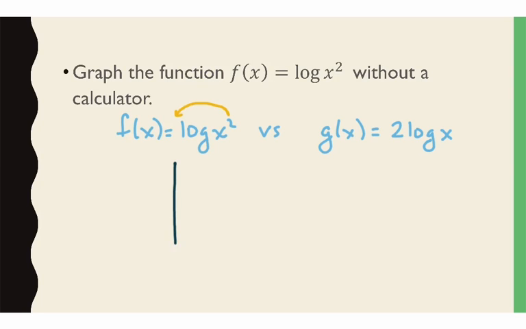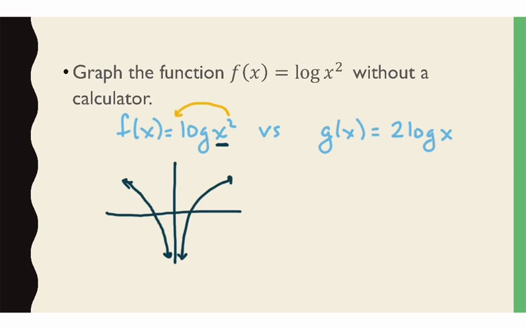So if I graph log x squared, what I will see is my normal log graph, but I will also see a mirror image of that log graph. Why does that happen? Well, let's think about this. If you pick an x value, normally with logs, you need a positive value, right? And if you do take a positive value, you will plug it in and get the right side of this graph.